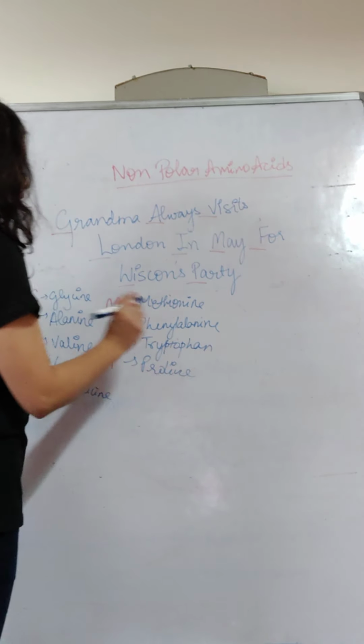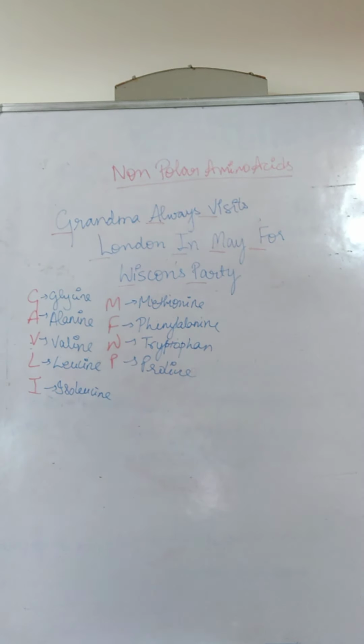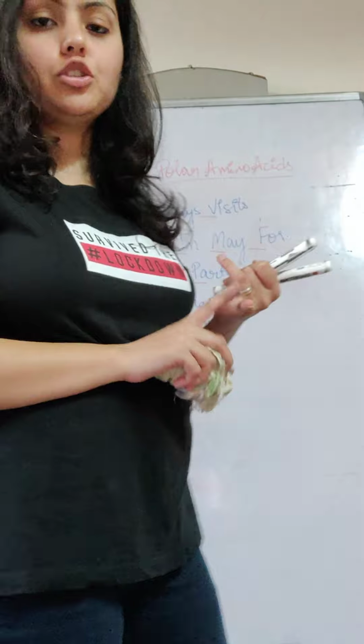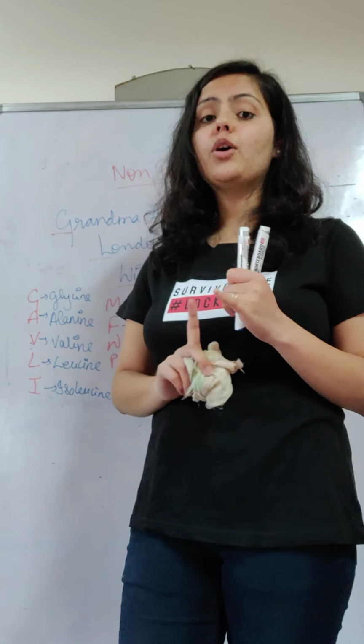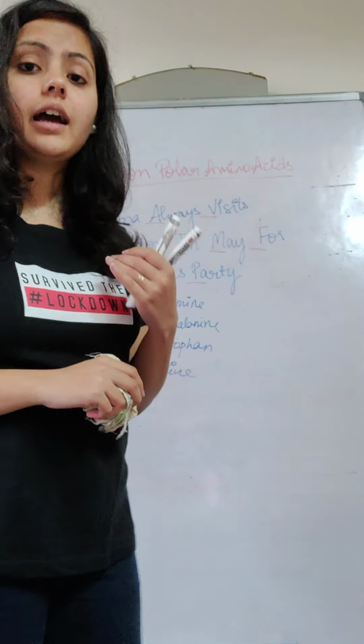So this way you'll be able to study the amino acids and always remember them easily. So polar, non-polar we've done, essential, semi-essential and non-essential we've done. Now we'll go on to hydrophilic and hydrophobic ones.